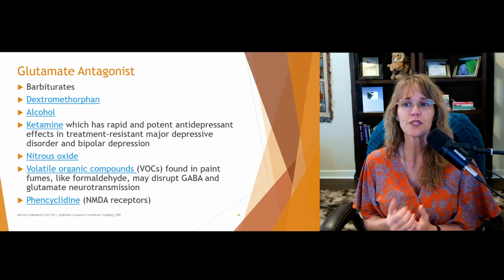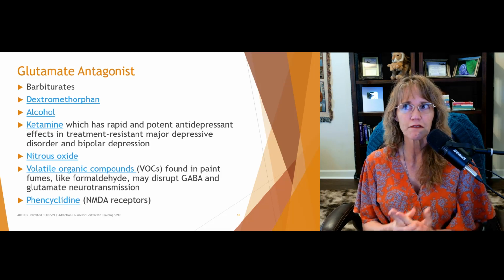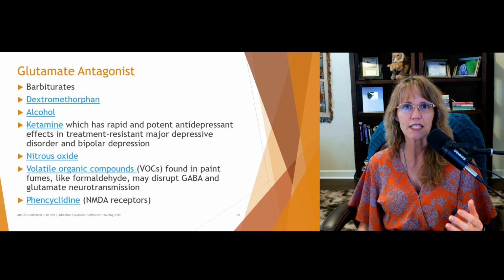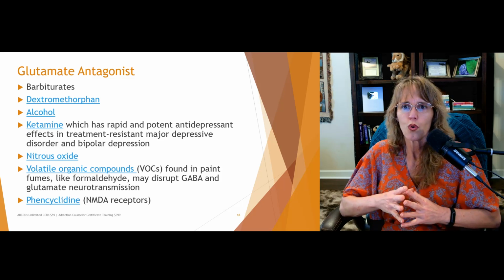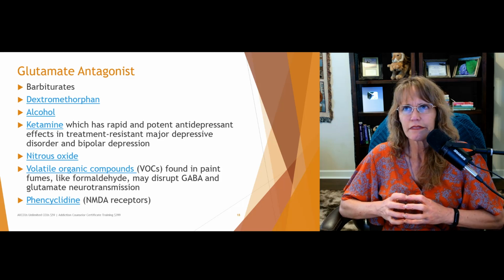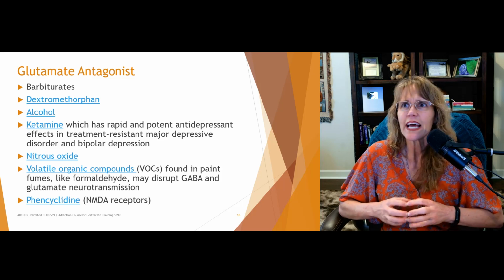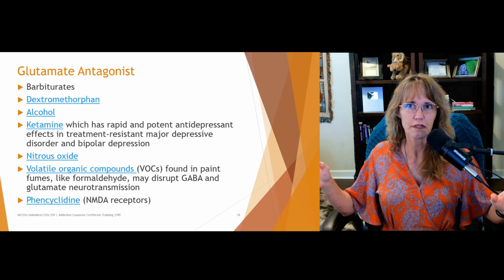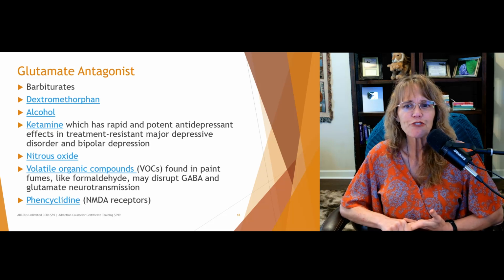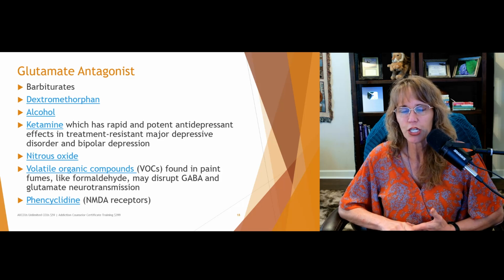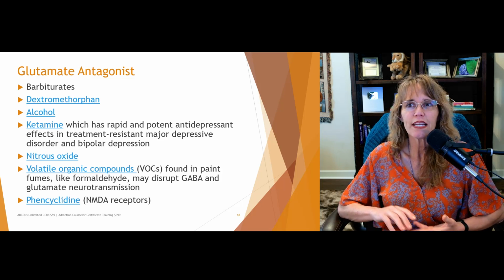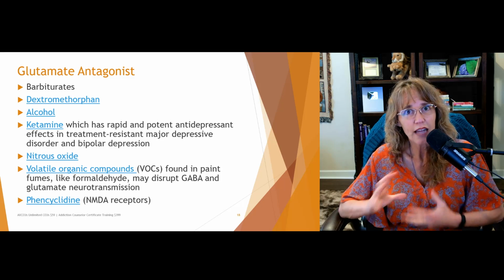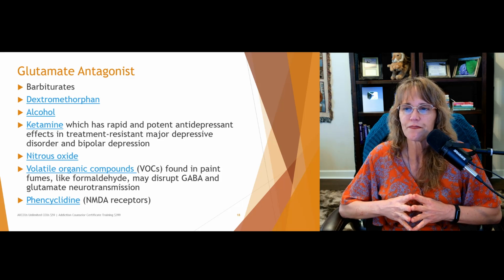And they found that people who didn't have luck with first and second line treatments have actually found extreme relief and rapid relief with ketamine. And like it or lump it, that's just a clinical fact. Nitrous oxide can also reduce glutamate levels. I am not encouraging abusing nitrous oxide, but it does actually alter those things.